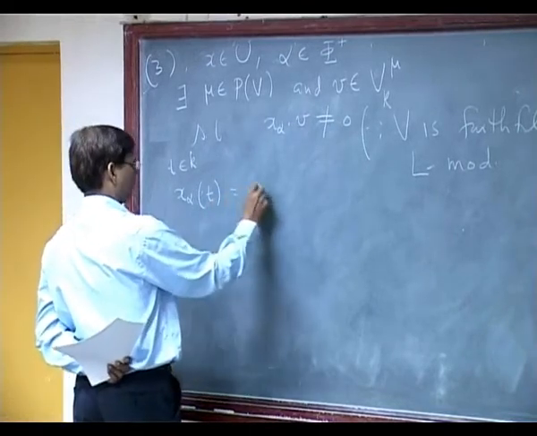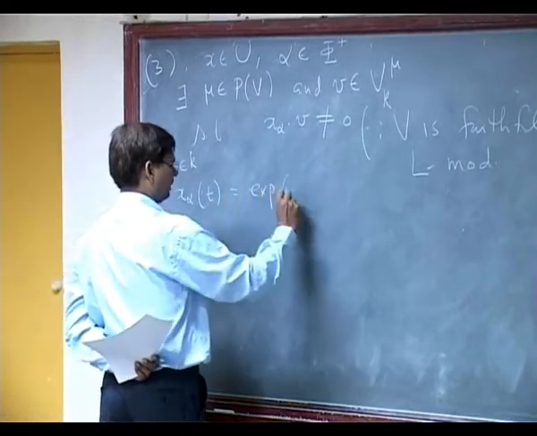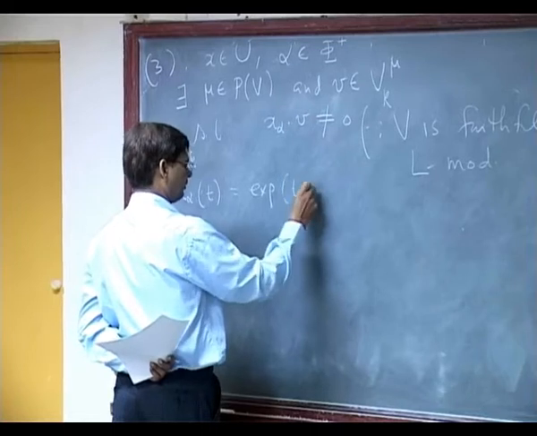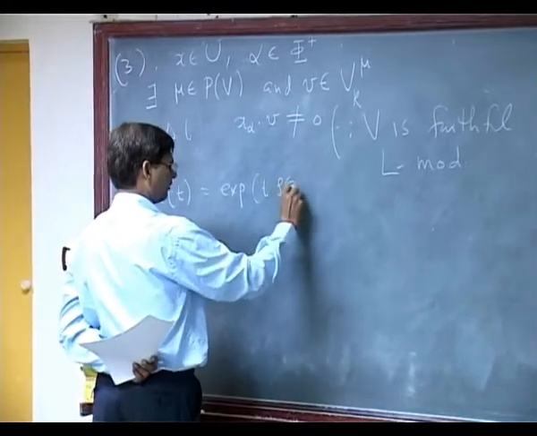This is the exponential of t times rho, if rho is the associated representation of x_alpha.